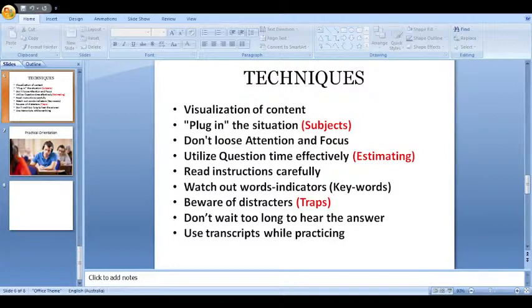Transcripts means that at the end of the books that I have told you, book number 1 to 17 of the Cambridge IELTS series, at the end of each book the transcripts, like the written description, the as-it-is wording of the audios, is written at the end of each book section wise.